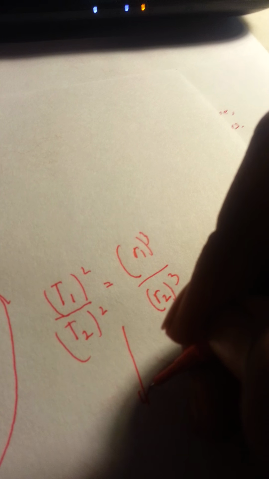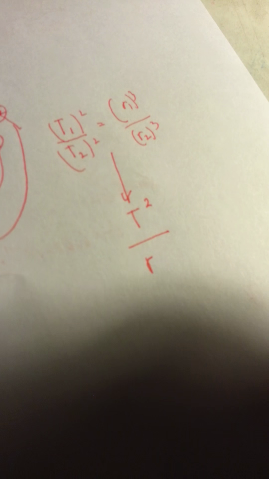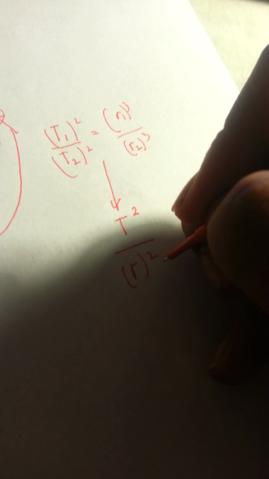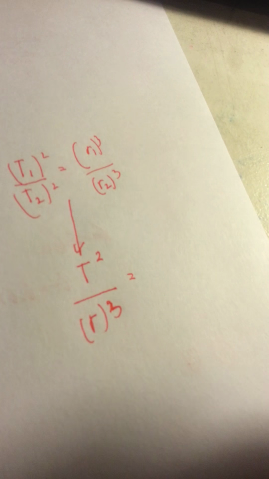So by more mathematical derivations, you can say that practically the time period for any planet squared, divided by the distance from the center of gravity of the sun to that planet cubed, that will be the same for almost every planet.